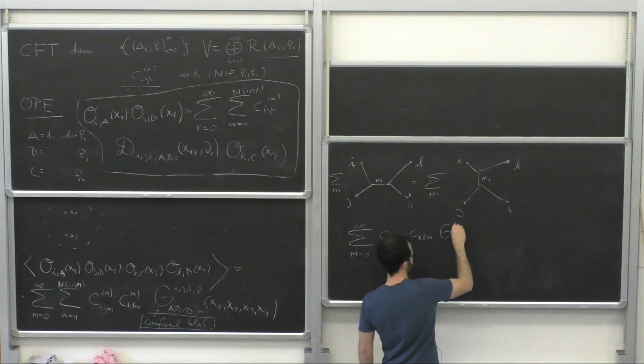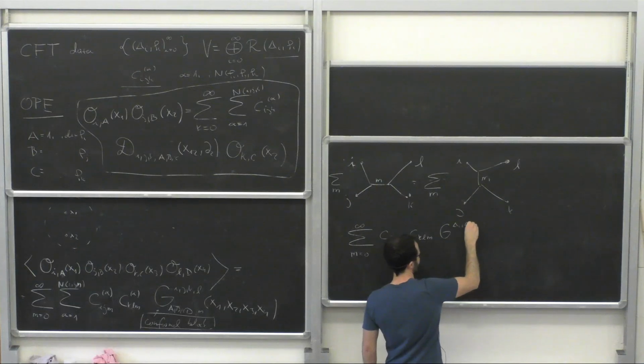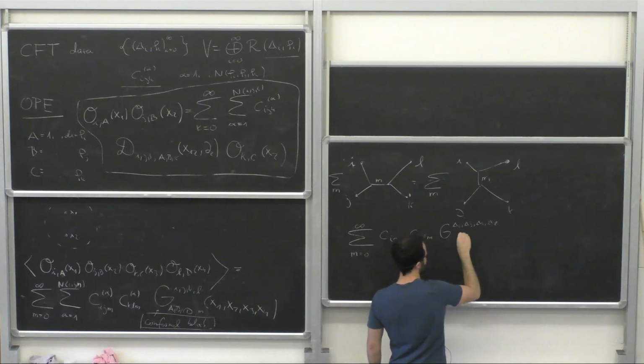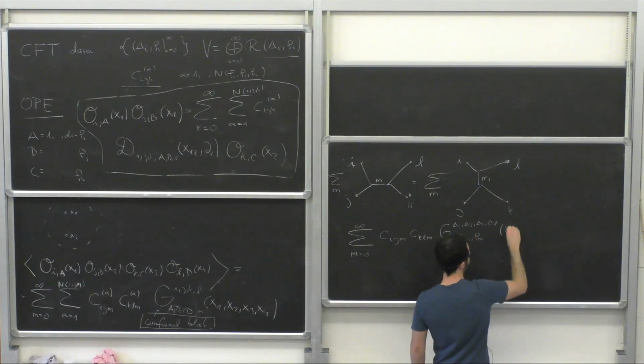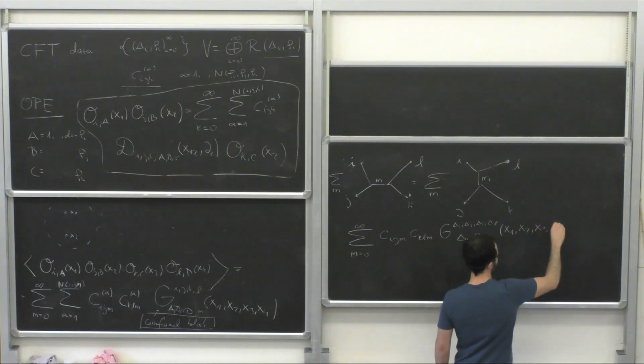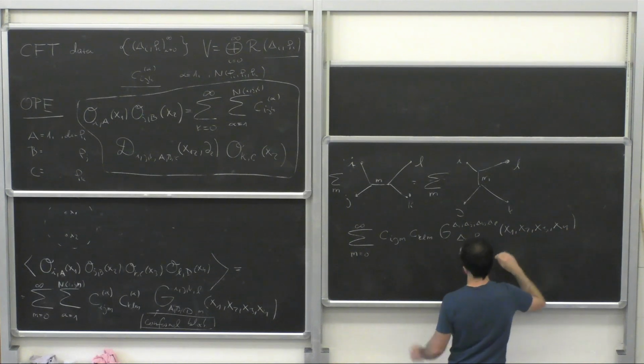So here it just depends on delta I, delta J, delta K, and delta L, delta M and rho M, X1, X2, X3, X4. So that's the left-hand side.